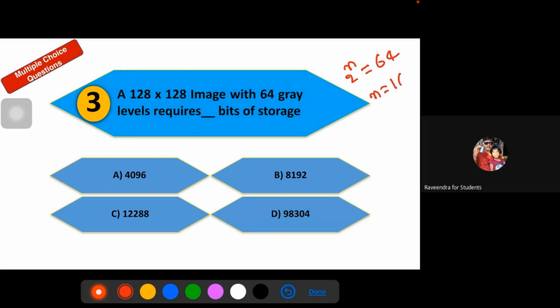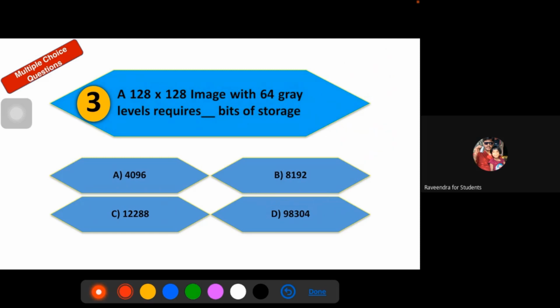So therefore 128 into 128 into this n value, 16. So this value 128 into 128 into 16, we will get as 98,304. So option D is the correct option, 98,304.